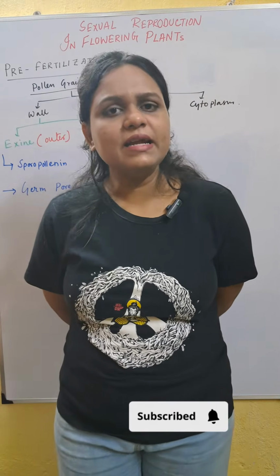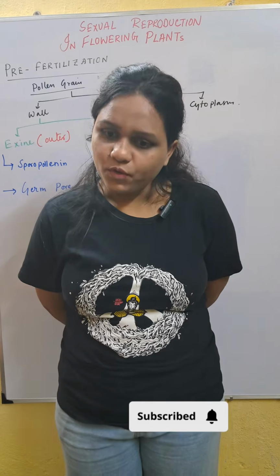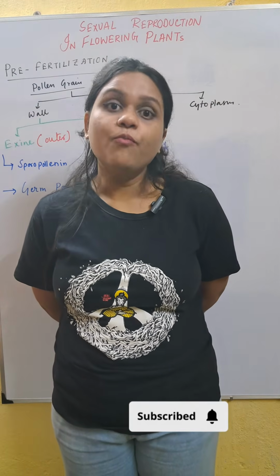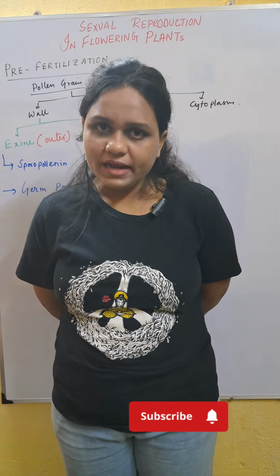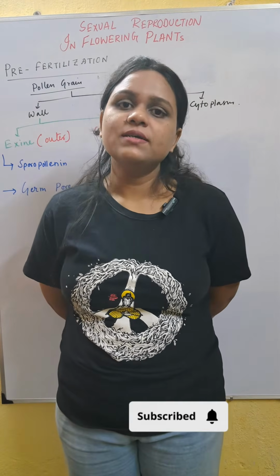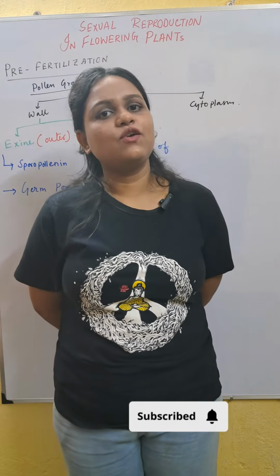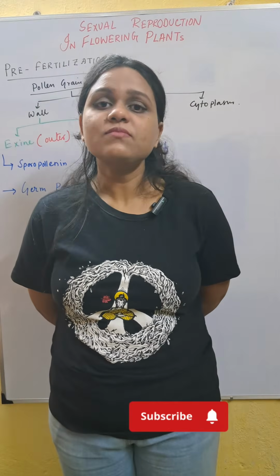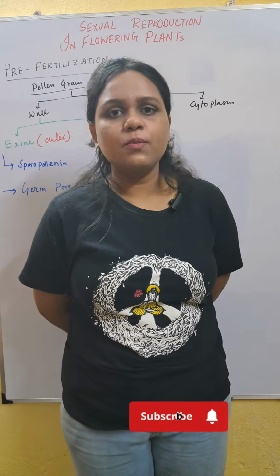Now, what is the need of this sporopollenin? Sporopollenin provides the resistant nature of the pollen grain. Pollen grains can survive heat, UV radiation, sometimes some specific chemical reactions. This nature of pollen grains is provided by sporopollenin.